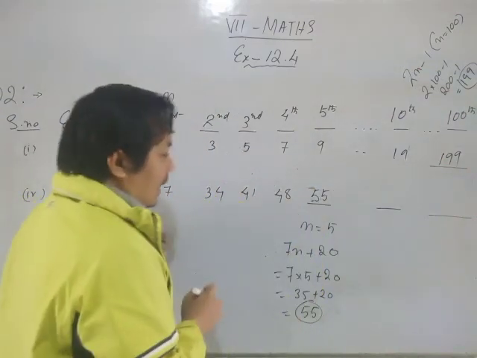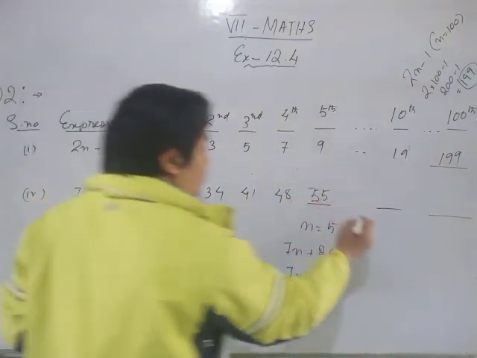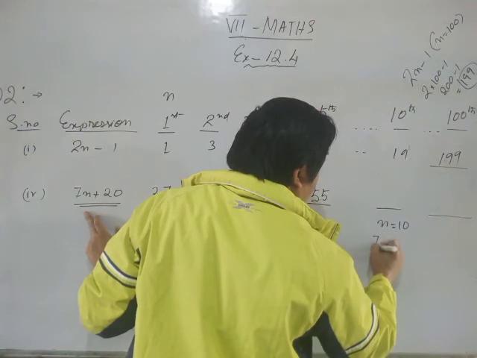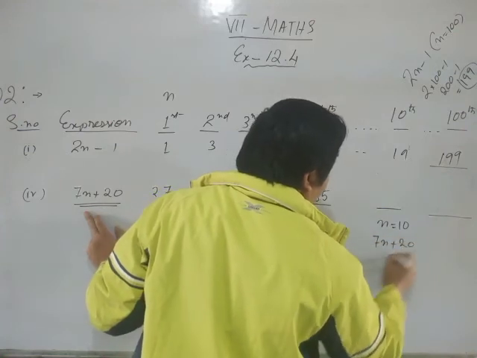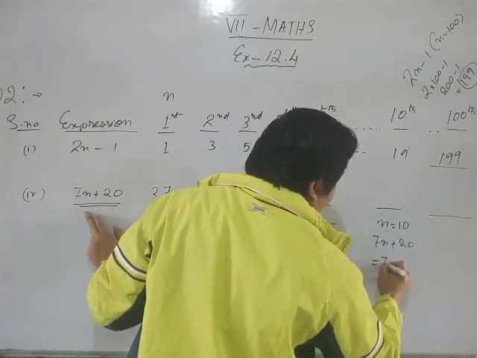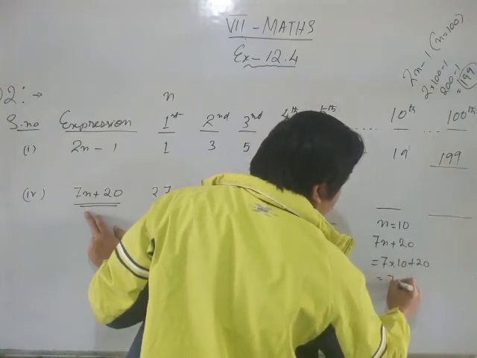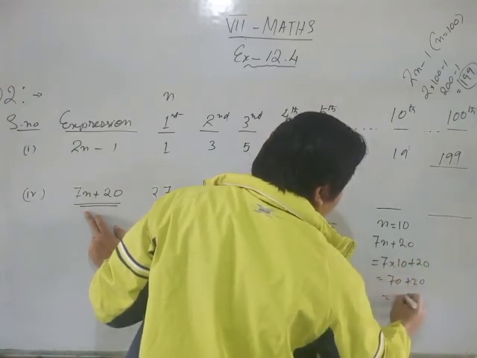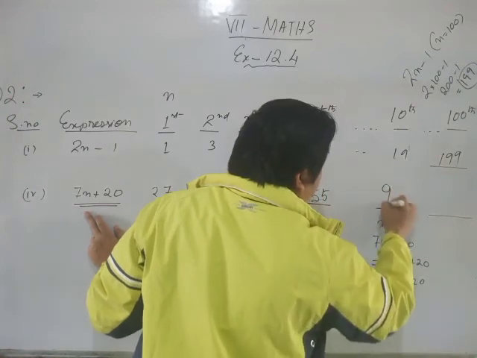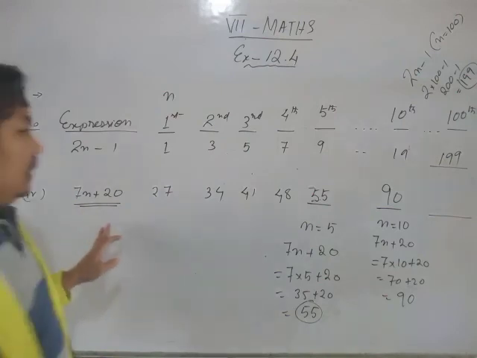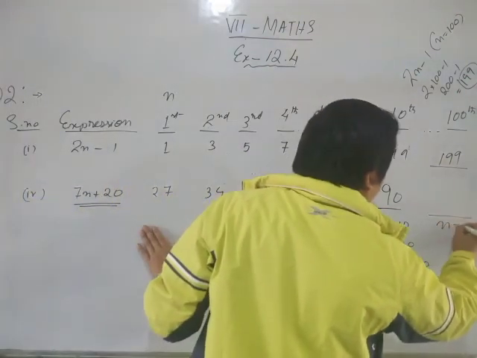Then here n is equal to 10. Then 7n plus 20 equals 7 into 10 plus 20, that means 70 plus 20. You will get 90 here. Then here n is equal to 100.